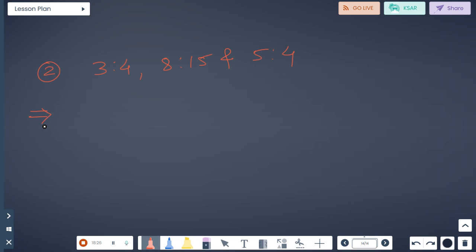We have to perform the same operation: 3 multiplied by 8 multiplied by 5 is to 4 multiplied by 15 multiplied by 4.